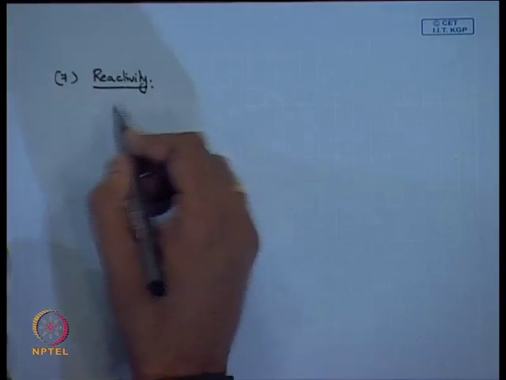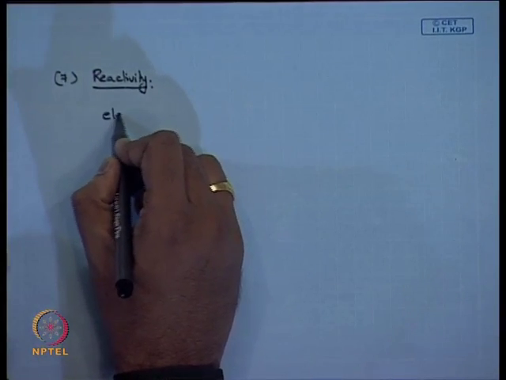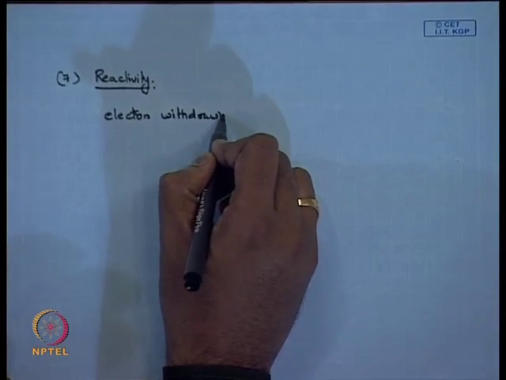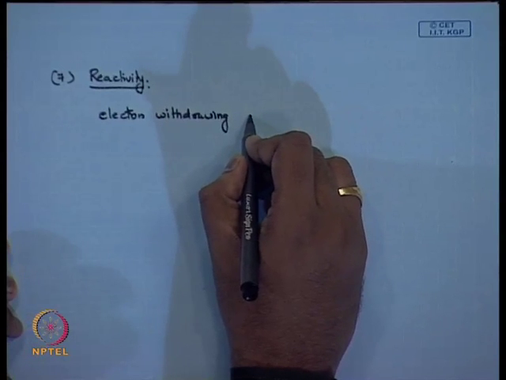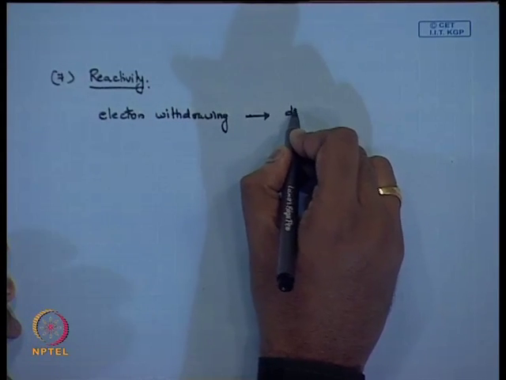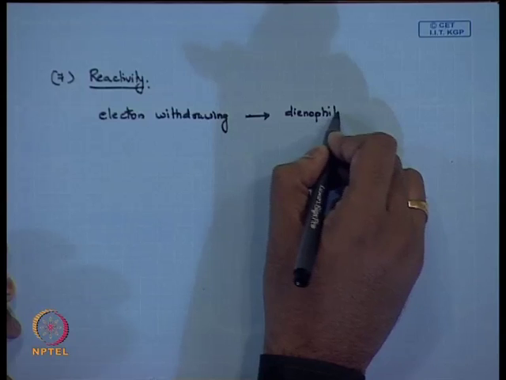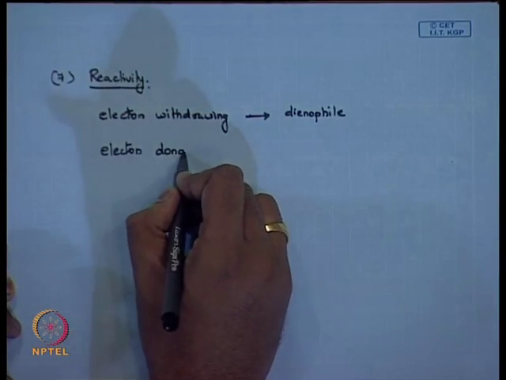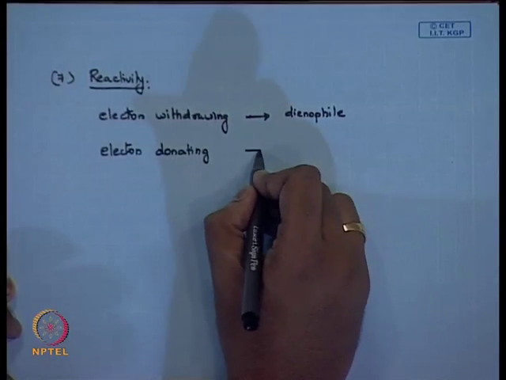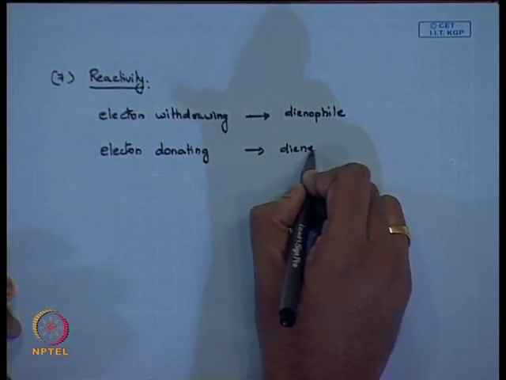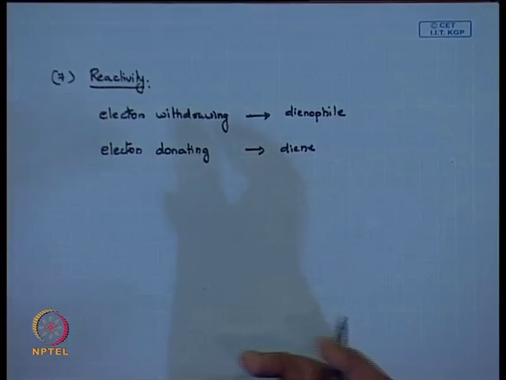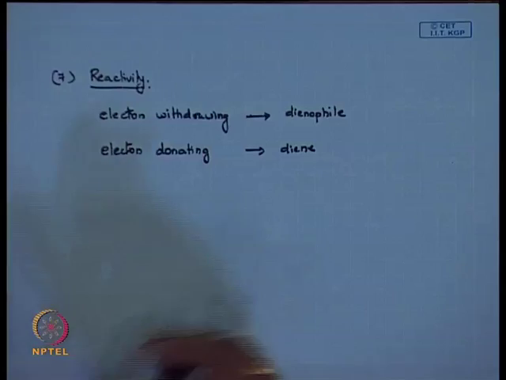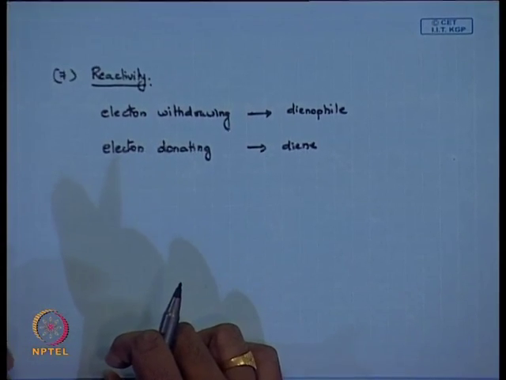So, electron withdrawing on the dienophile is good, and electron donating on the diene is good for reactivity. So, the energy gap will become less and you can have a nice reaction going on. That is about the reactivity we talked about.